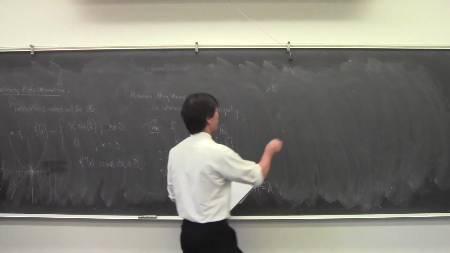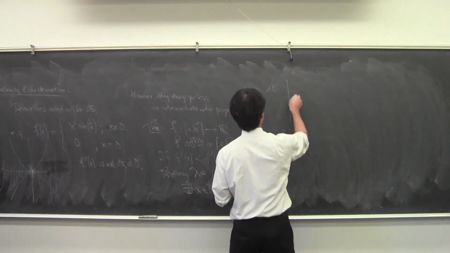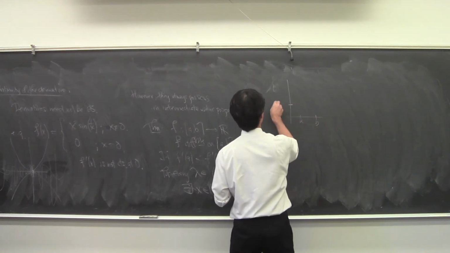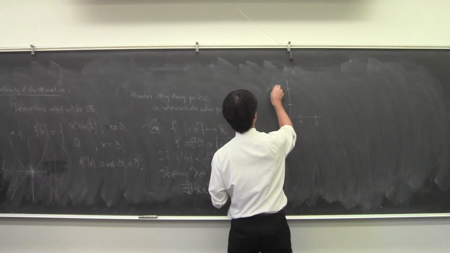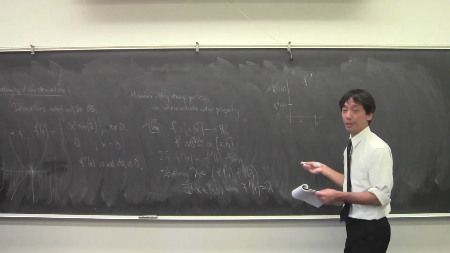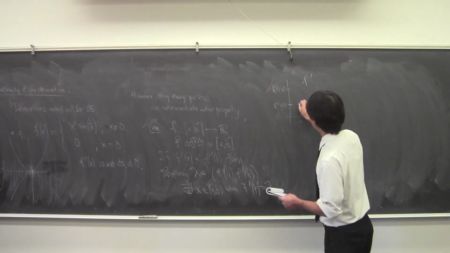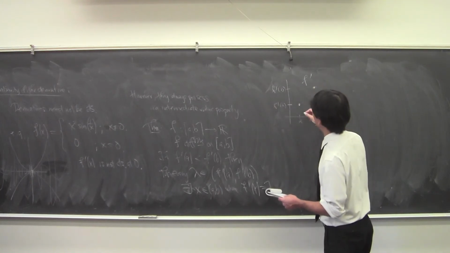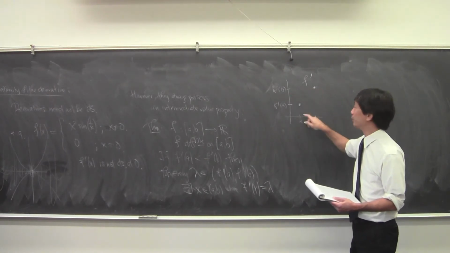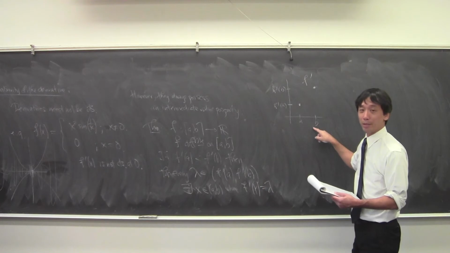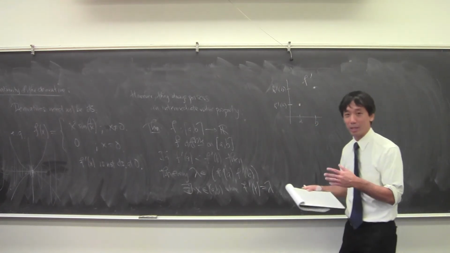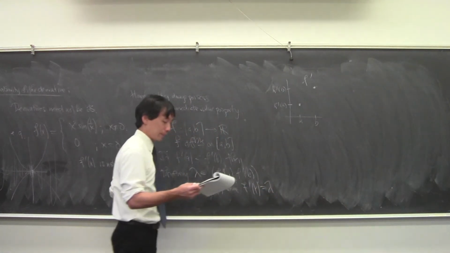Because, think, here's A and here is B. F prime A, F prime B. We're looking at the derivative of the function. What we're saying is that if you attain this value and you attain this value, then for every value between them, you're going to hit it between A and B. So this is the way that it makes sense to phrase it.